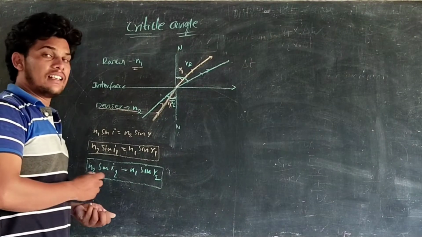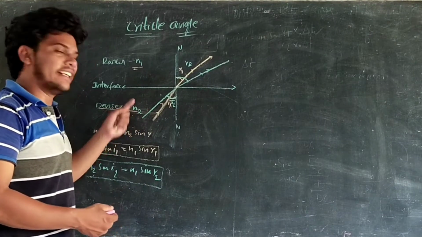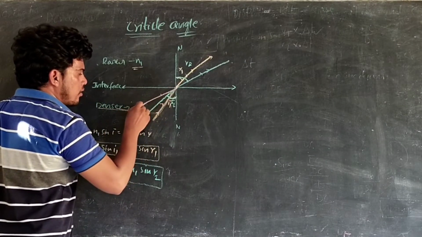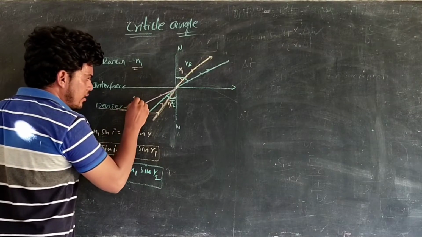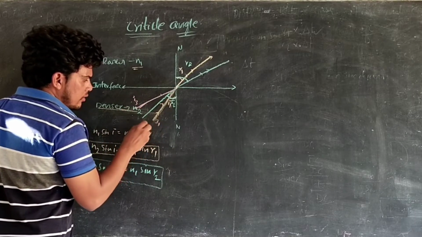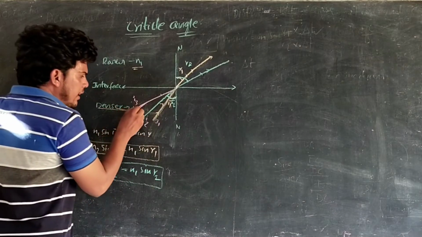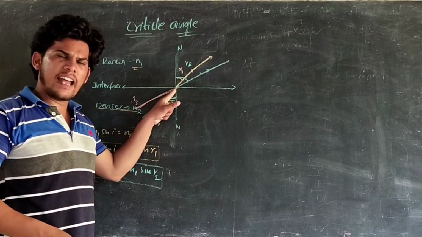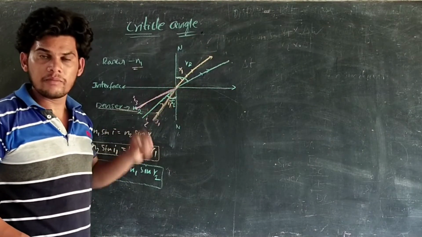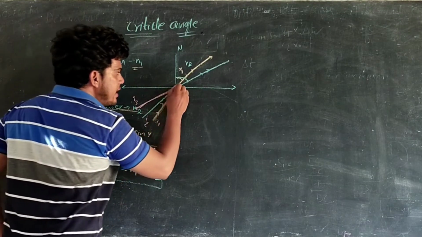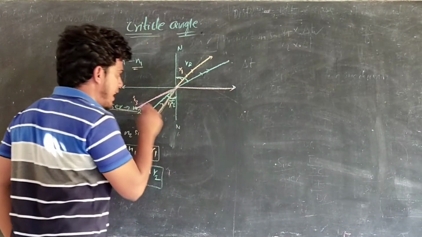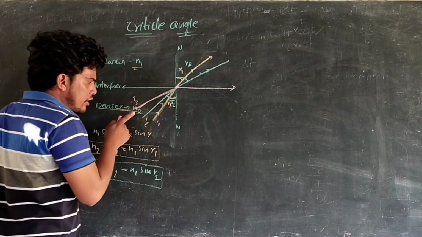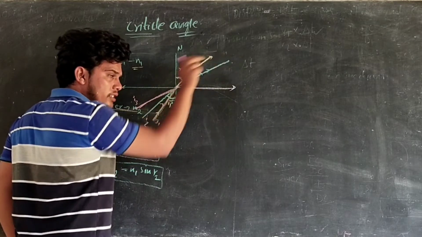Now I am passing another incident ray through a larger angle. This pink color ray is another ray. So actually it is I3. Yes or no? This is I1, this is I2, then this is I3. When I pass this light at this angle, this ray does not go to the rarer medium and it grazes along the interface. When the ray passes from the denser medium to rarer medium, it normally deviates.